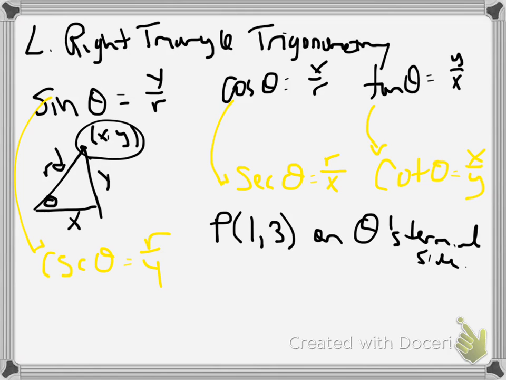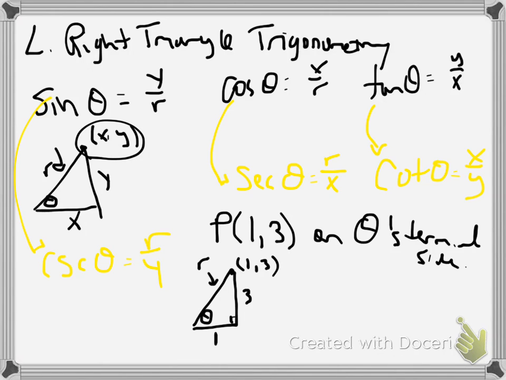So we have our picture. We have our theta and our right triangle. Here's our terminal side, and this is the coordinate (1, 3). Since x is 1, this leg of the right triangle has length 1. Y is 3, so the vertical leg has length 3. I don't know what the hypotenuse is, so we'll call it r for right now.